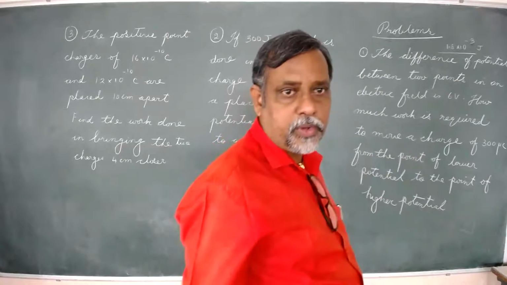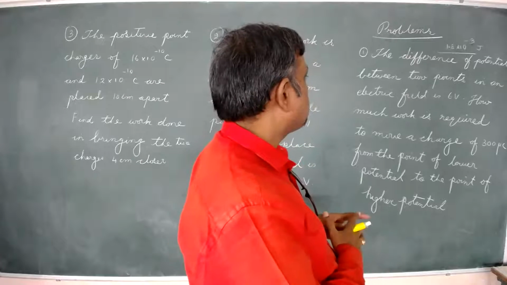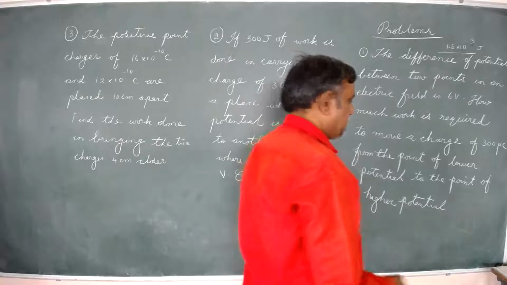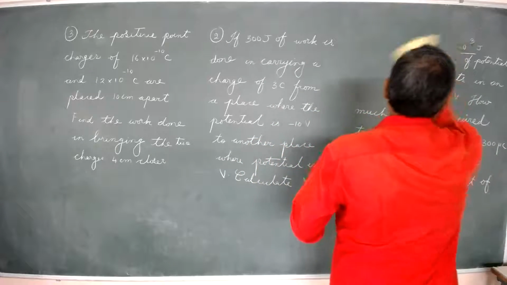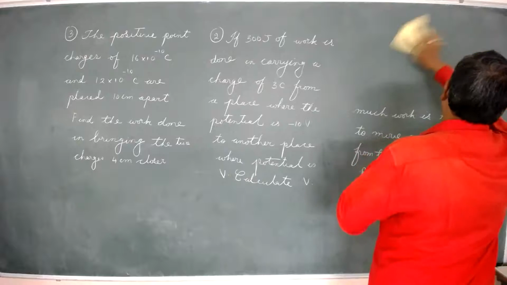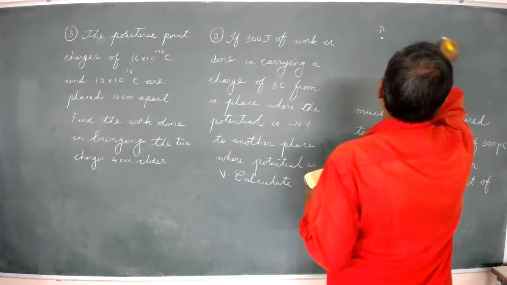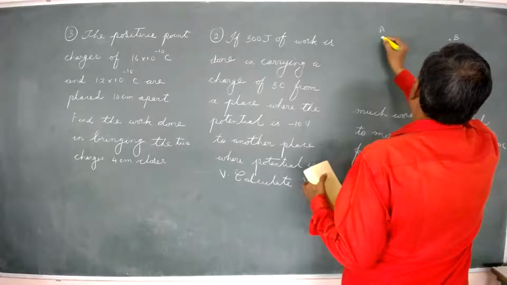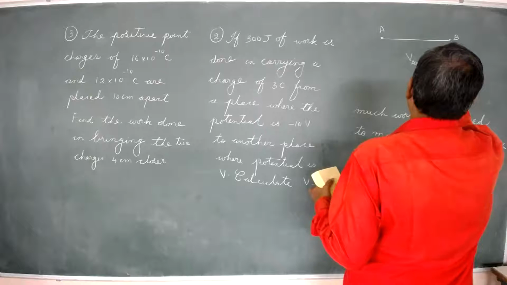For the remaining people, I will discuss. The difference of potential between 2 points in an electric field is 6 volt. So there are 2 points over here. This is the point A you take, and this is the point B you take. The potential between A and B is equal to 6 volt.